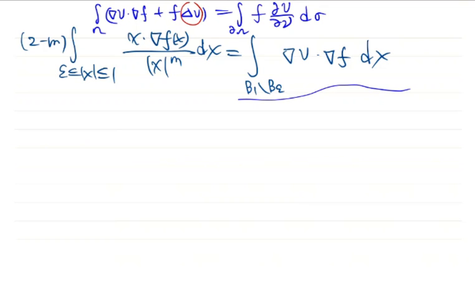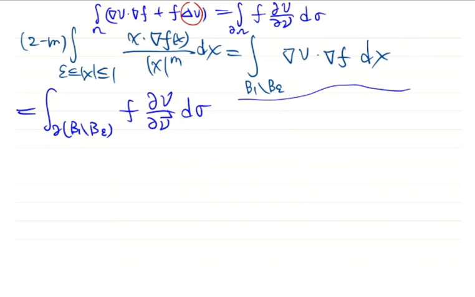So we obtain that this equals the integral over the boundary of this domain, removing the ball of radius epsilon from the unit ball, of f multiplying the directional derivative of v. But our condition says that f is 0 on the outer boundary.